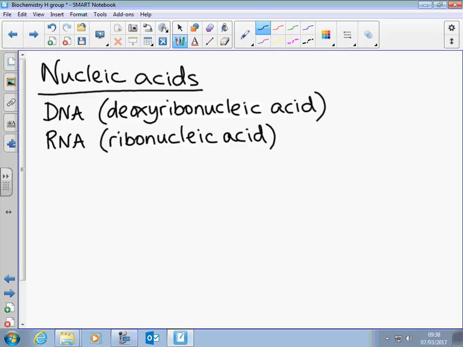They are both what we would describe as polymers, chemically, which means that they are made of repeating units. So you've got individual units joined together in chains here. And the monomer units are called nucleotides.